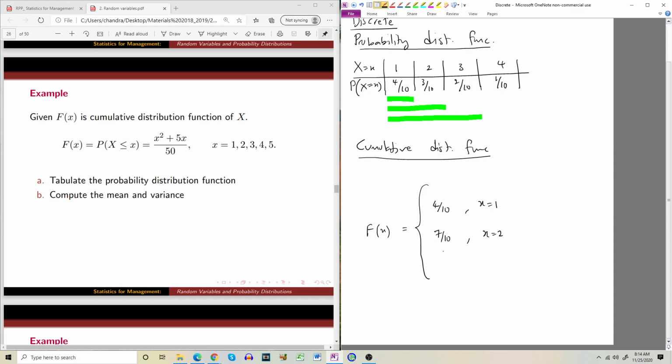You take the sum, you will get 9 over 10, x equal to 3, and finally you will add all, and eventually you will get 1 for x equal to 4. So this is how you find your cumulative distribution function.